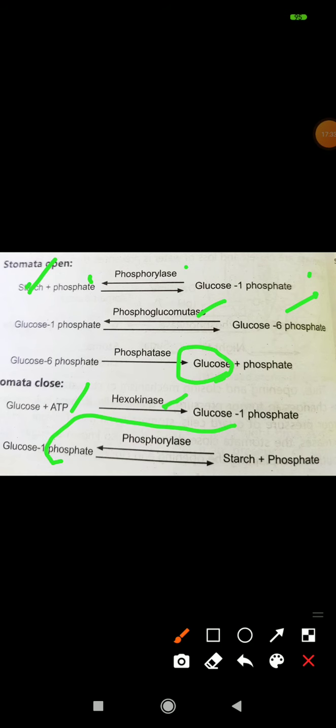This is how the mechanism of opening and closing of stomata is described by Stewart. So this hypothesis can be asked in the examination for 5 marks at least.